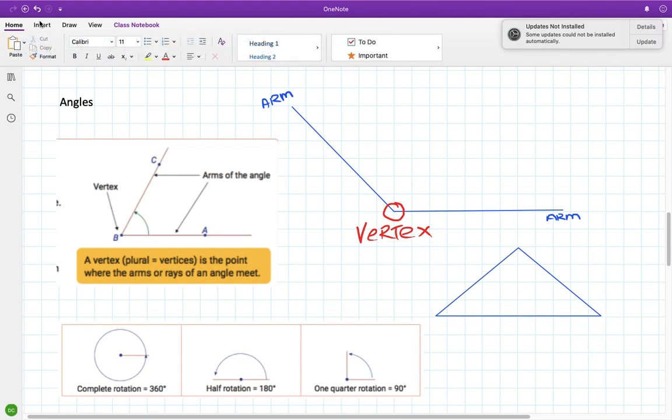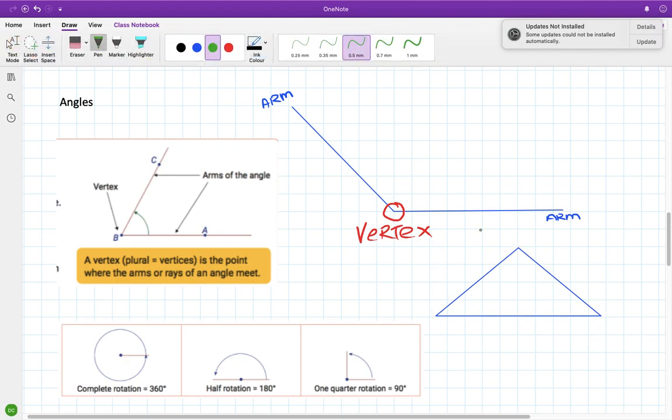Okay, so if you look here, here's an arm, and here's an arm, and those two arms join together here, so we have a vertex, and in between the two arms, we have an angle. Or you can go over here, and this line's an arm, this line's an arm.